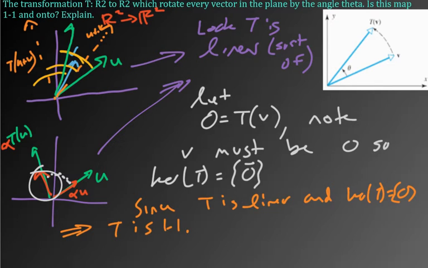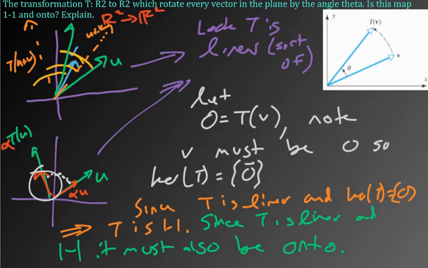Now, we can also say, since T is linear and one-to-one, it must also be onto. Intuitively, it makes sense that it would be onto because every vector in the plane comes from some rotation of another vector. It wouldn't make sense that you wouldn't hit all of R2 using rotations. Rotations would have to hit everything, so that's what it means to be onto.